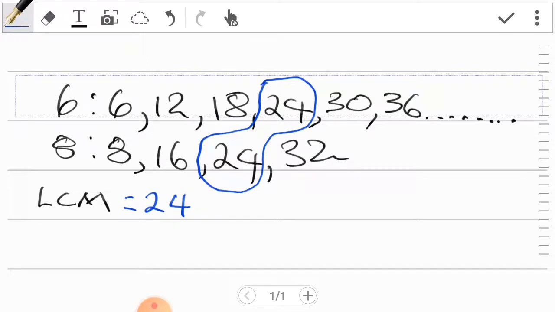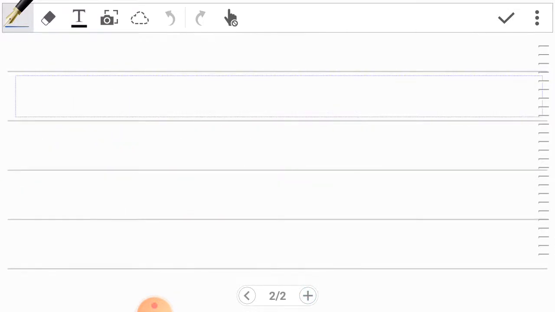But what about when we have numbers that we're unable to list? For example, let us say we want to find the LCM of 28, 30, and say 50.